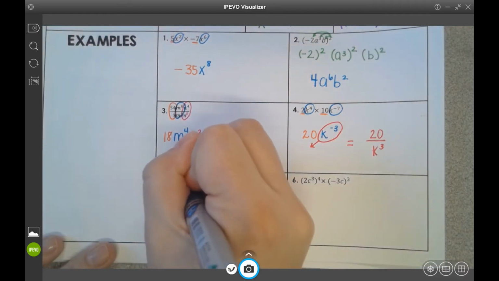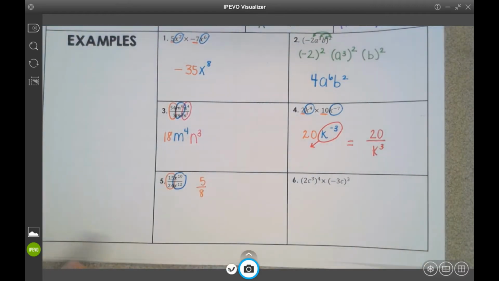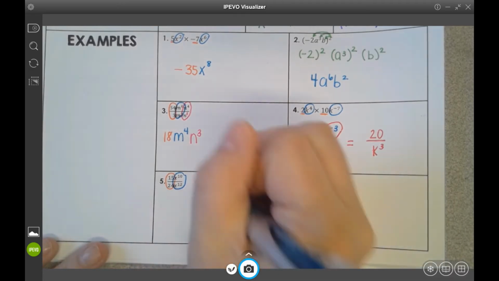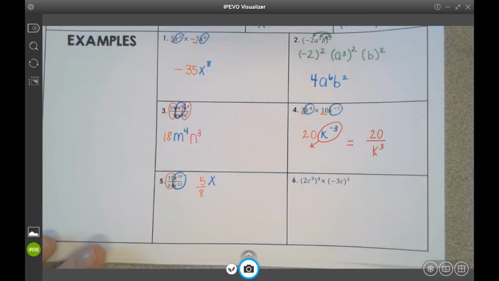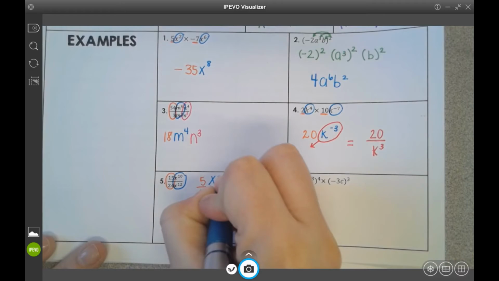And then we have x to the 10th over x to the 12th. So that would be x to the, it's the quotient rule, which means we subtract the exponents. 10 minus 12 is -2.